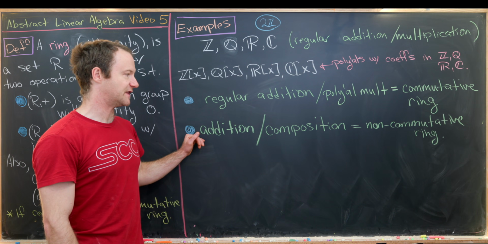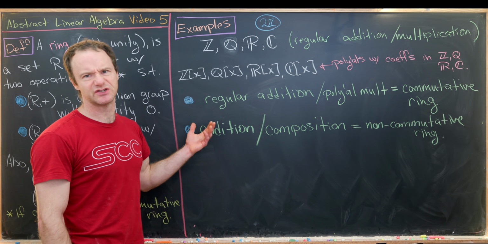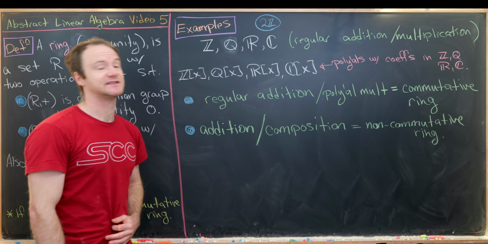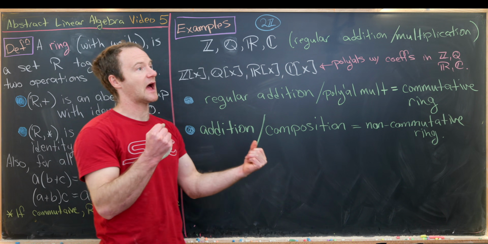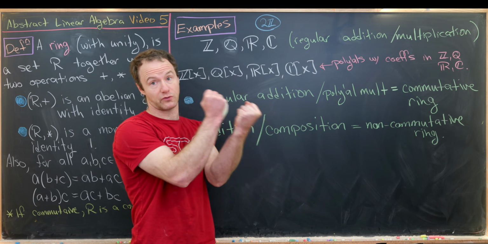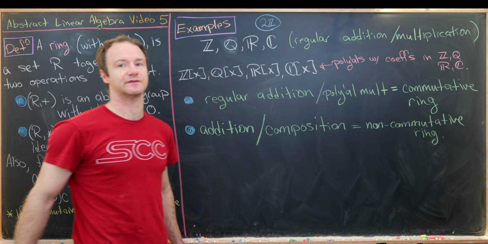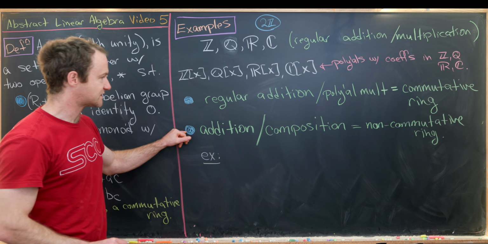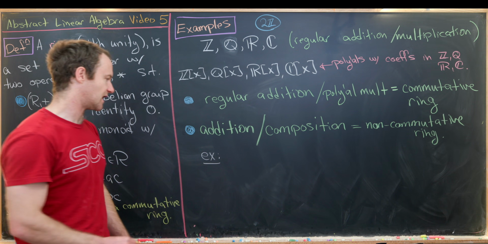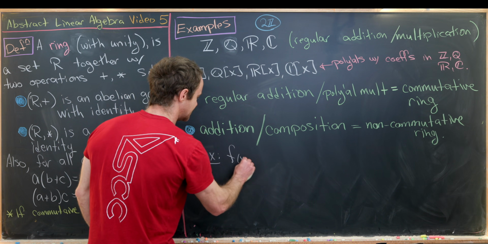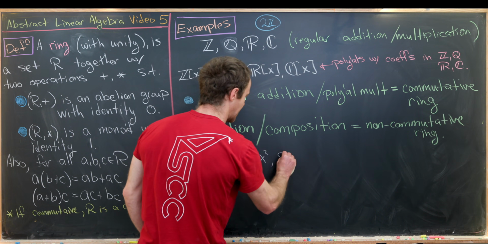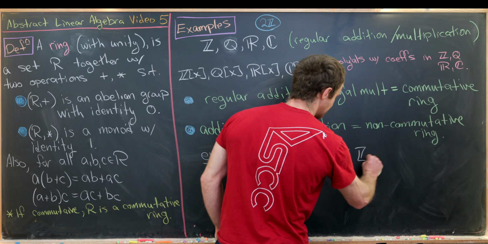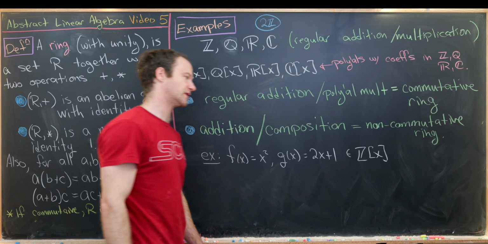We have a 1, which is just the constant polynomial 1, which exists in all of these for sure. But we could endow it with a different structure where addition is just regular addition of polynomials and composition is the multiplication. So instead of our multiplication being the product of 2 polynomials, it's the composition of 2 polynomials. So let's maybe do a little bit of an example based on this to show that it is not commutative. So let's notice if we take f(x) to be x squared and g(x) to be equal to 2x plus 1, thinking about these as being inside Z adjoin x.